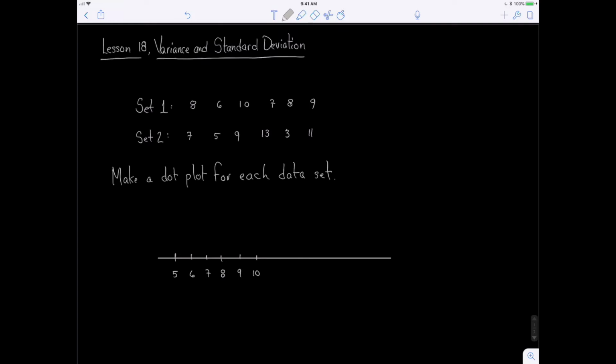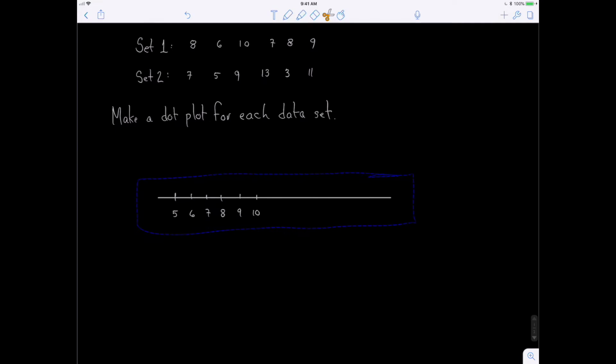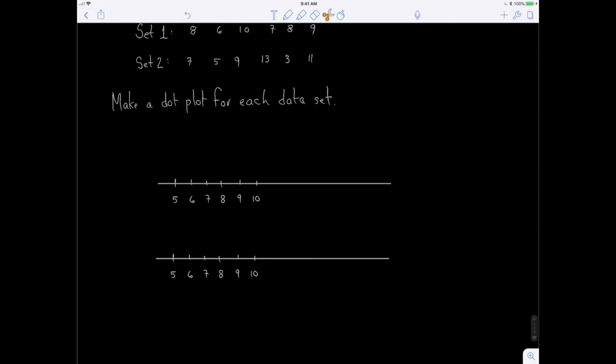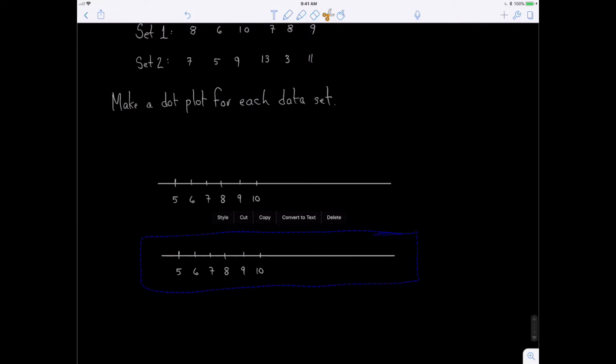Okay, and before I go any further, I'm going to copy that. That's a good looking number line there. And make a copy. We'll put that down here just a little bit lower. I'm going to try to line it up even right underneath that. You'll see why in a bit. Okay, that should work.